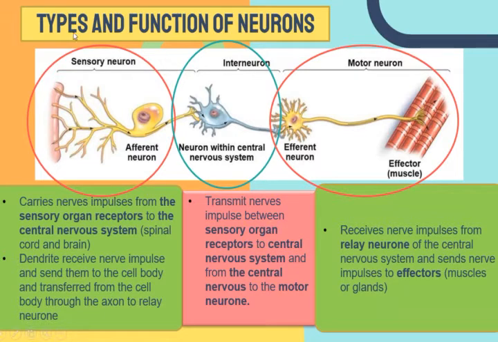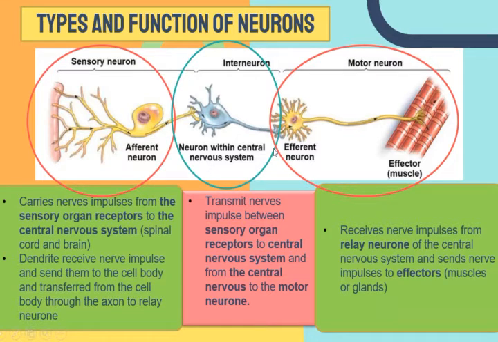The other name for the sensory neuron is afferent neuron. Then the interneuron is the neuron within the central nervous system, located in our brain or in our spinal cord.